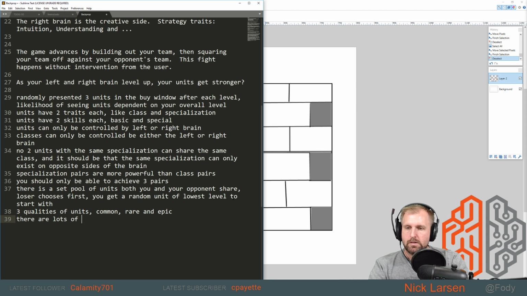There are lots of common, fewer rare, and only one each of the epics. Get a random common unit.